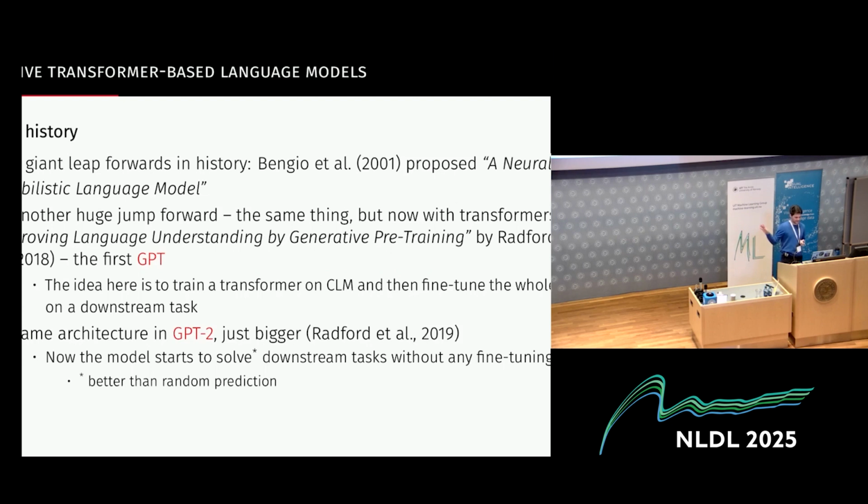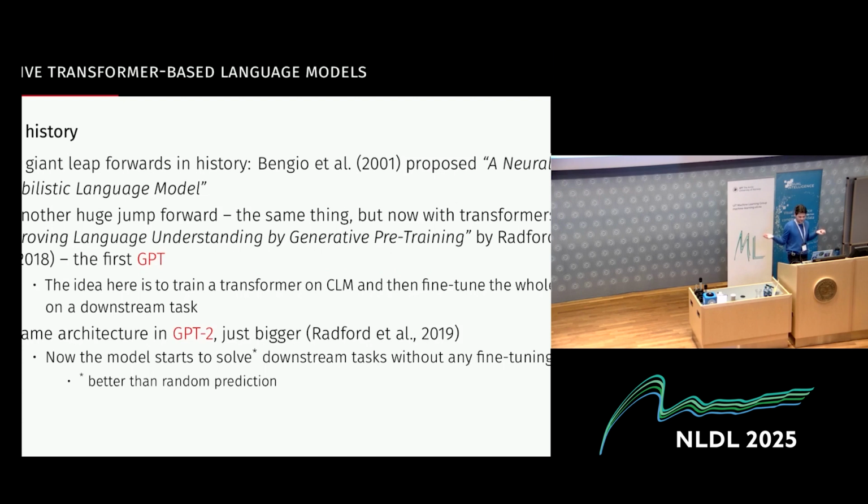Many works followed after that, but the important one for us is the first GPT paper, which did pretty much the same thing as Bengio, but they used the transformer model as the backbone, and they trained it on a much larger corpus of data than before and much more compute.